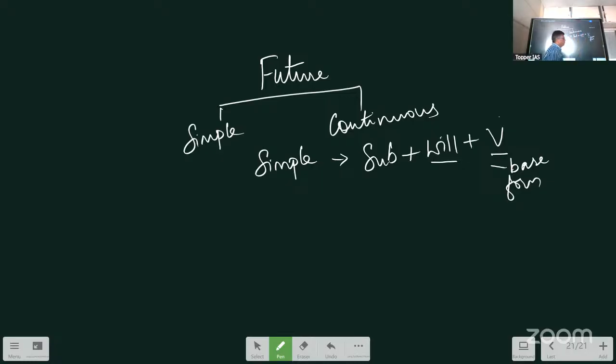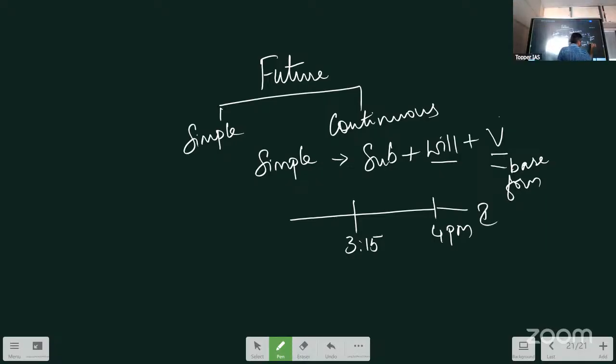Okay. Now, let us understand through a timeline. Now the time is 3:15. 4 p.m. is future, correct? So a one-time action of the future is called simple future.